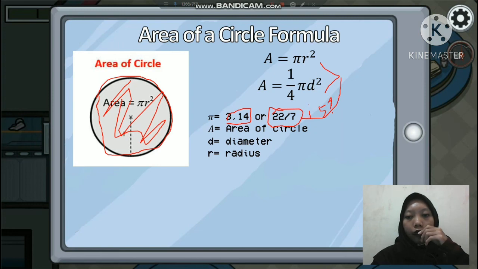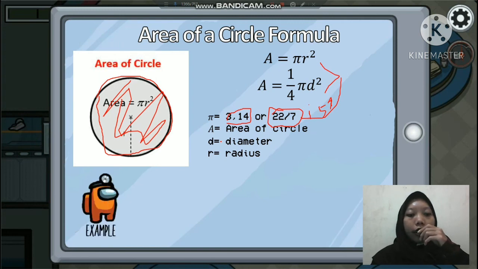Sorry if you cannot read it. A is the area of a circle, D is the diameter, and R is the radius.